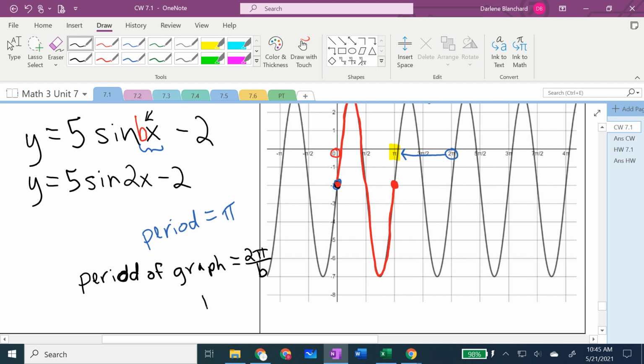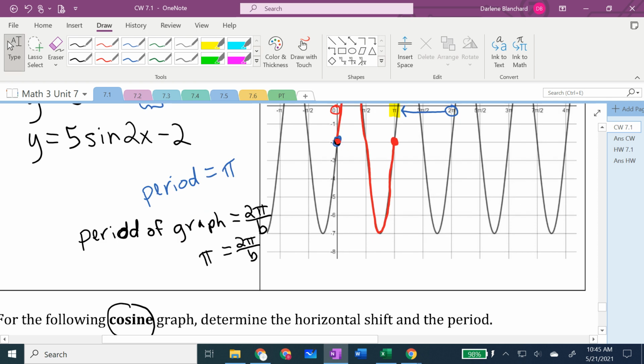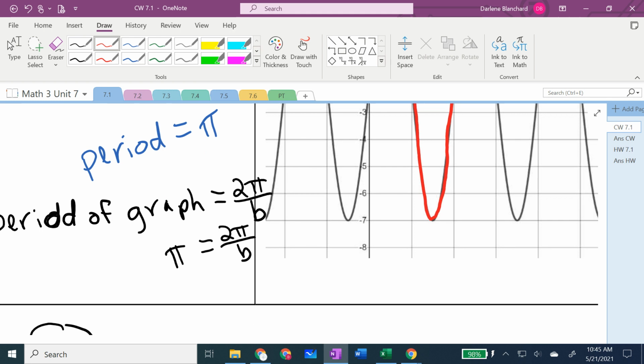If the period of the graph is pi, then what does b have to be? Does everyone see that b needs to be 2 in order to make that equation true?